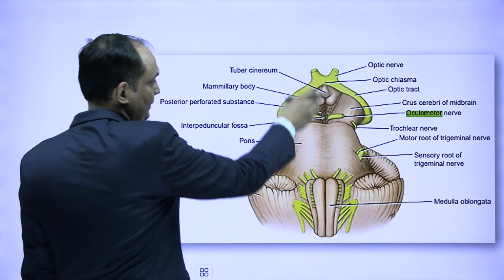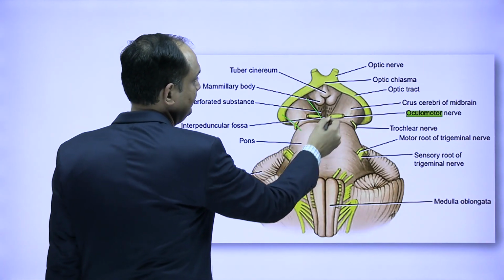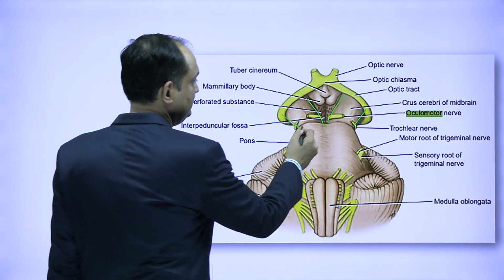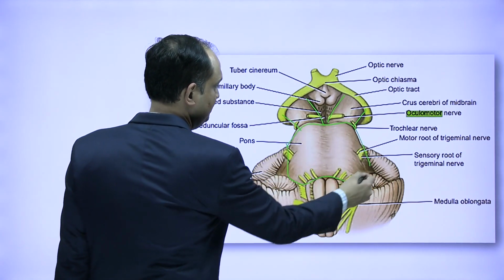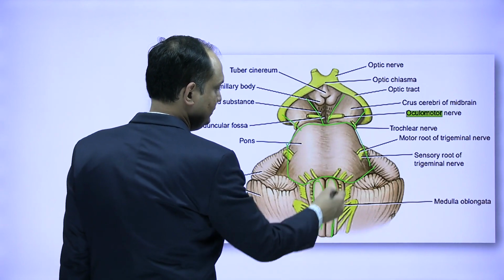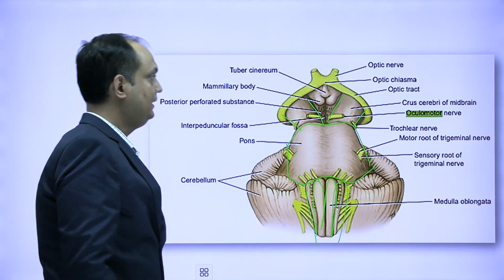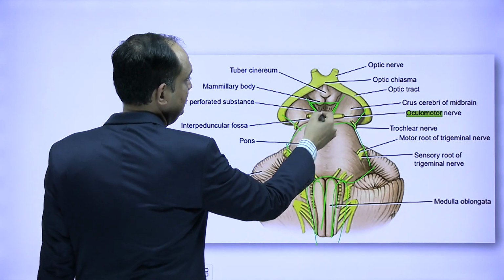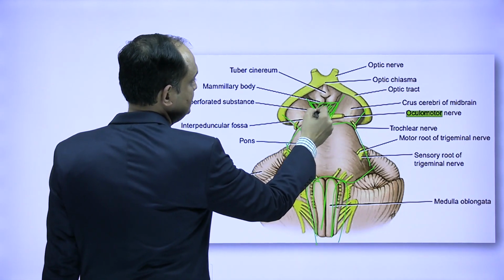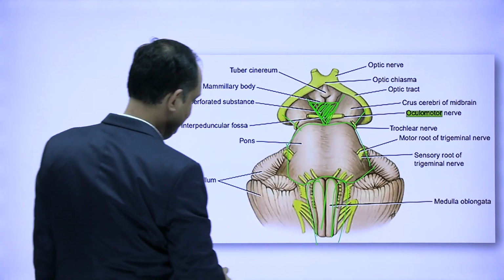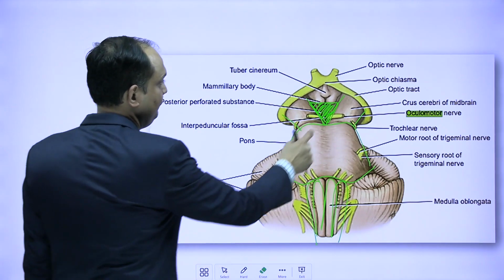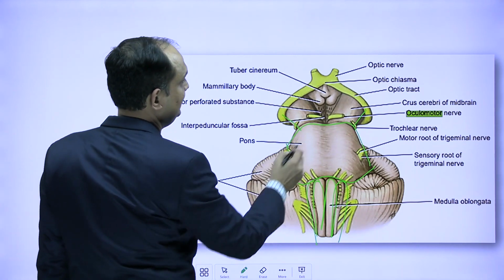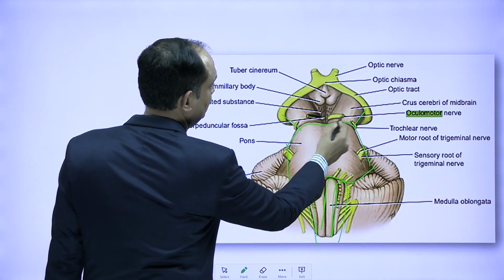Now, in this diagram, you first have to understand the exit of the oculomotor nerve. From above downward, this is your crus cerebri of the midbrain. Here this is your pons, and below the pons this area is your medulla oblongata. Between the two crura, this area is known as the interpeduncular area, which is the area between the cerebral peduncles. Now, if you see the exit of the nerve, you can appreciate that this is your oculomotor nerve.